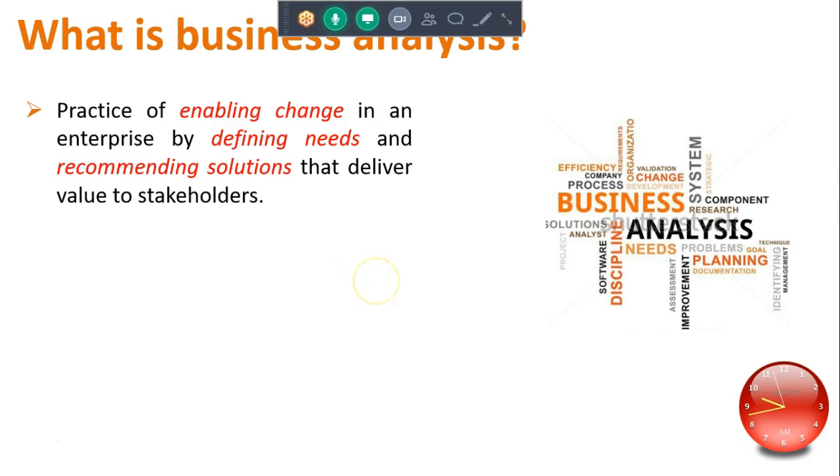The BA's job ultimately is to help organizations move from one place to another to meet their needs, and those needs are always about change. And so what business analysis is doing is enabling that change.